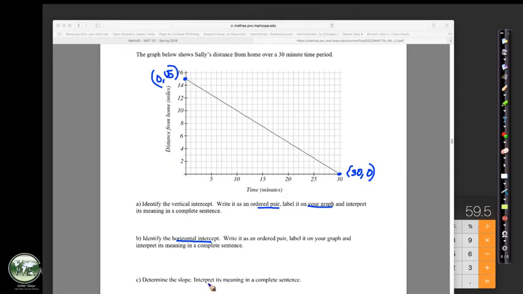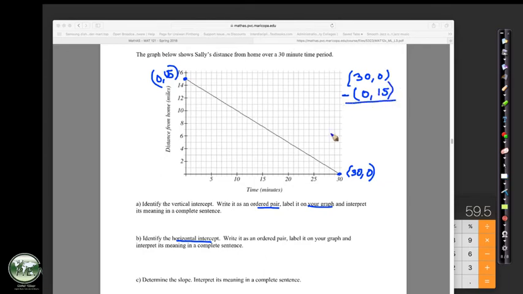Now determine the slope. So how can we get the slope from what we've got so far? What do we do with our 2 points? Subtract them. So we could take 30 comma 0 minus 0 comma 15.